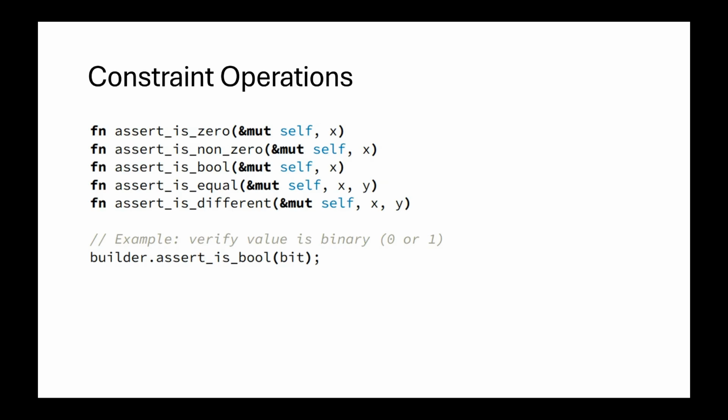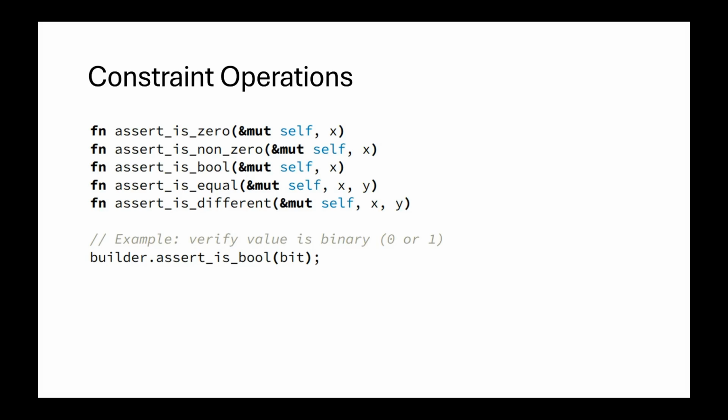In the circuit, we need to make some assertions. So this is how to build the constraints. Basically, we have three types of constraints to assert something: to constrain some variable to be 0, non-zero, or boolean.